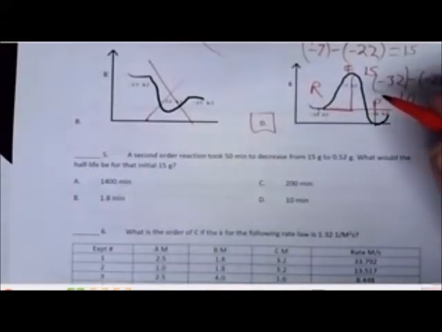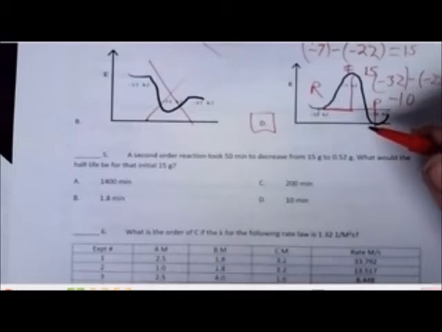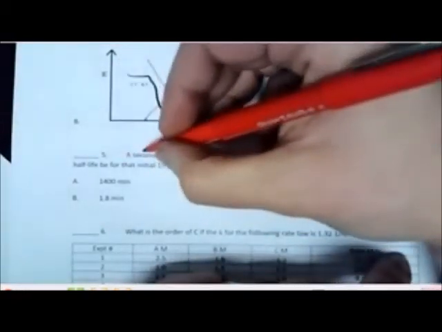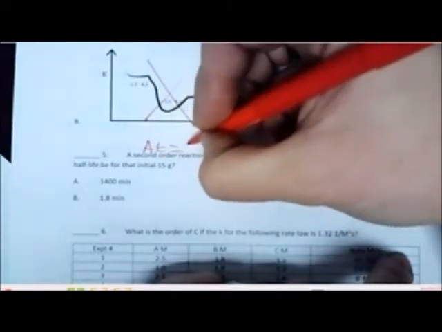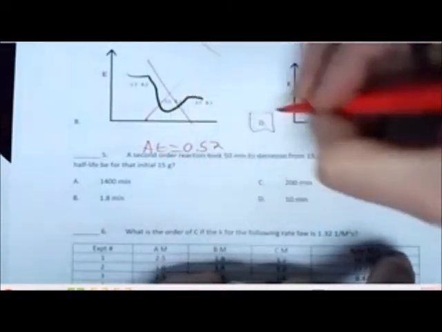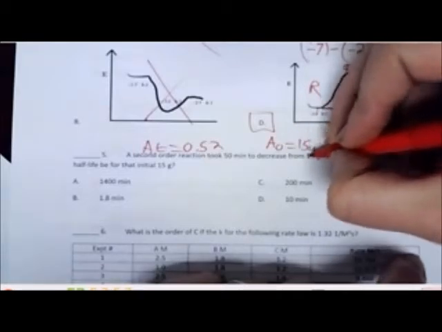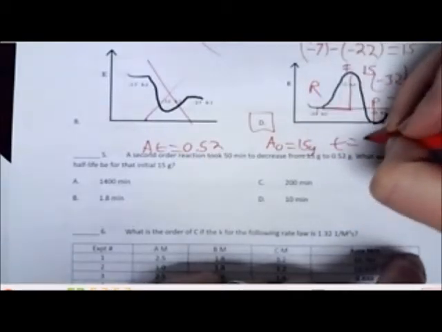A second order reaction took 50 minutes to decrease from 15 grams to 0.52 grams. What would be the half-life of the initial 15 grams? So we have A sub t is 0.52, A sub 0 is 15 grams, and t is 50 minutes.